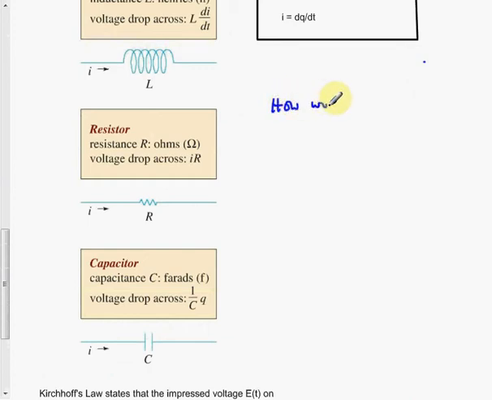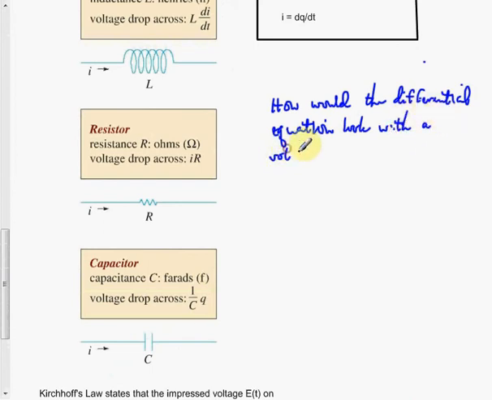So the question: how would the differential equation look with a voltage drop on an inductance and resistor?